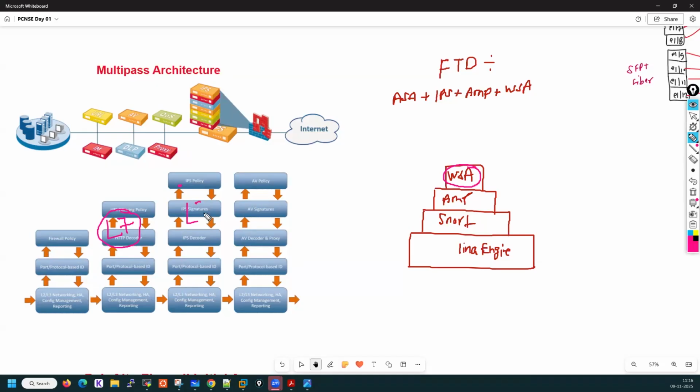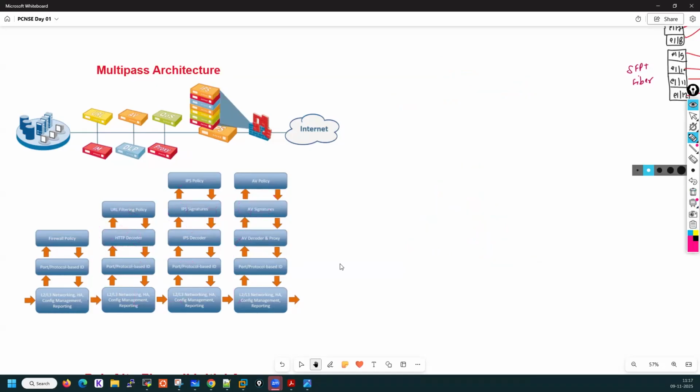Layer 7 data they are giving here, layer 7 data they are giving here again and again. Layer 7 is forwarded to IPS, comes back, then layer 7 goes for the AMP. It's repeating. It's a multipass type of architecture. Why? Because your packet or your layer 7 information is saved multiple times into the RAM, and my Lina engine needs to provide this information multiple times. So if I draw a diagram like this, I have a Lina code here.